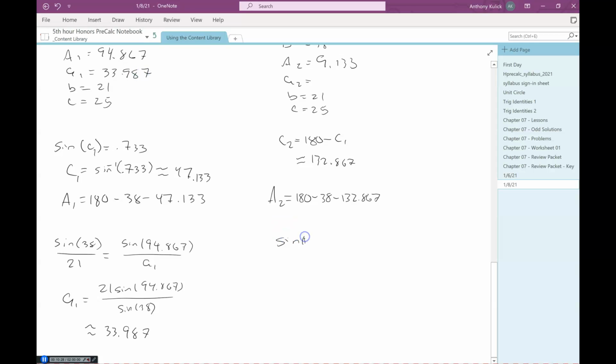And I'll do similar over here. Oops. So I have sine of b over b equals sine of a2. So I gotta make sure I change that angle. And when I cross multiply and divide, I get 21 sine 132 and change divided by sine 38. Oh, thank you.